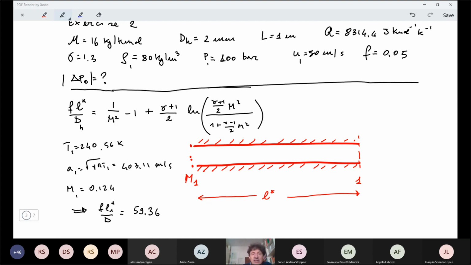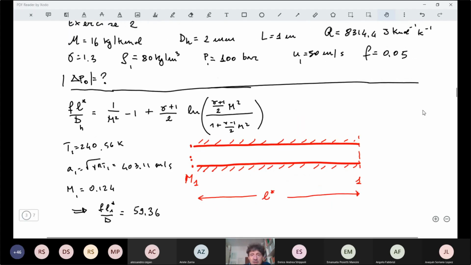So we would like to see here in this drawing where is our outlet condition, and hopefully it will not shock from this Mach number 0.1 within 1 meter.